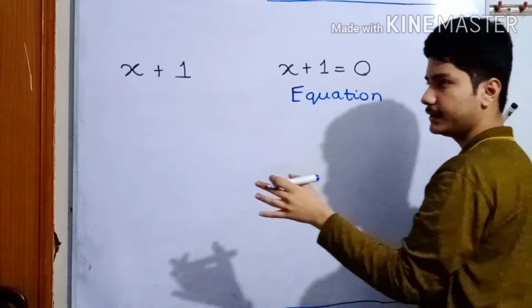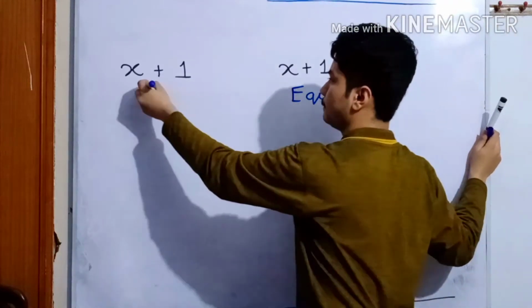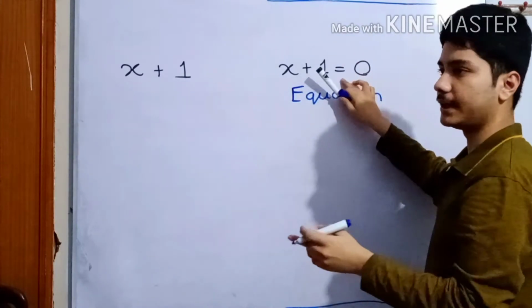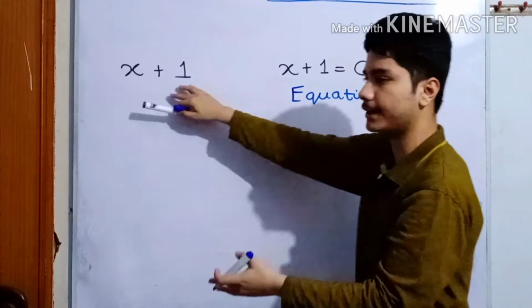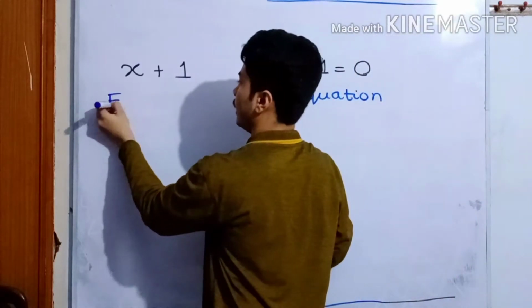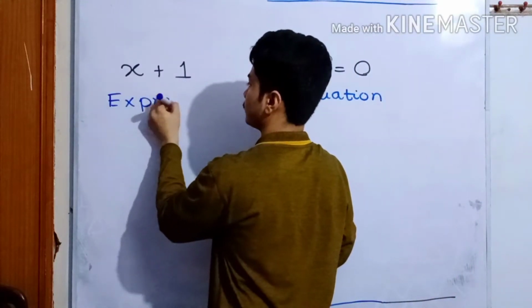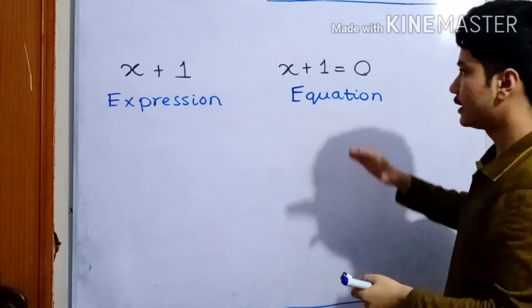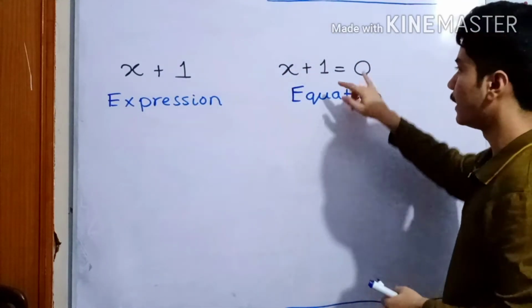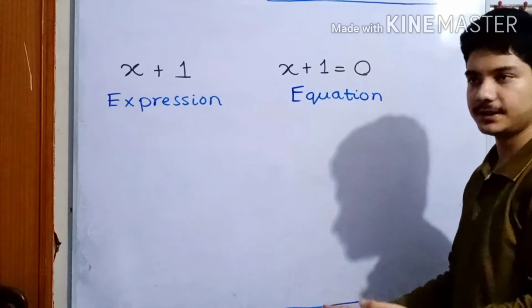If there is an equals to sign, this is called an equation. But if there is just x plus 1, with no equals to sign, it means there is nothing on the right hand side. This is called an expression.